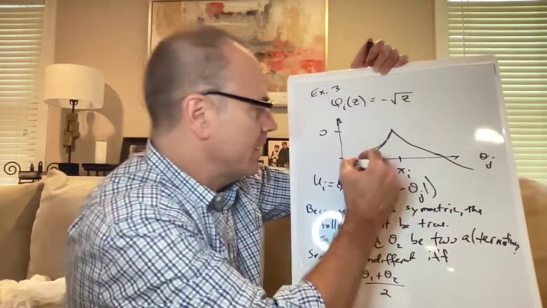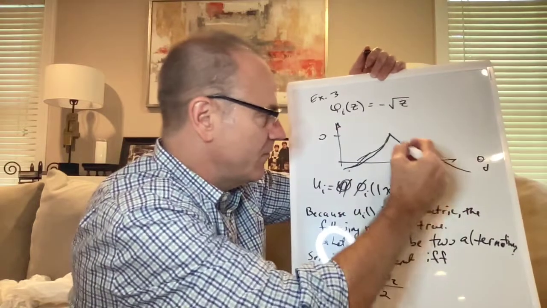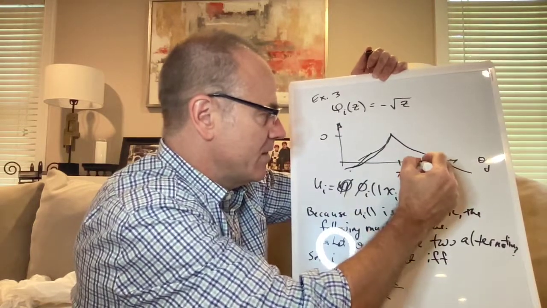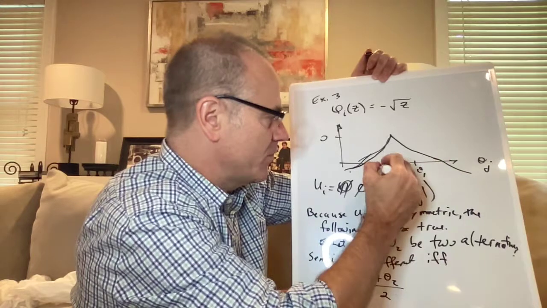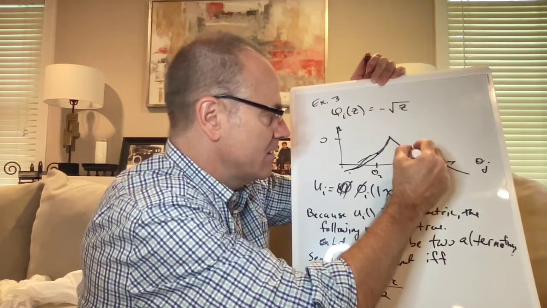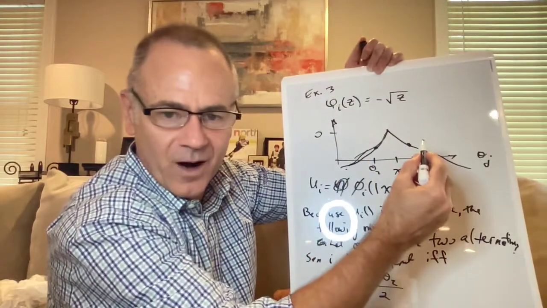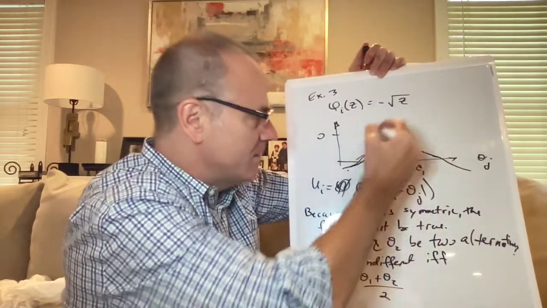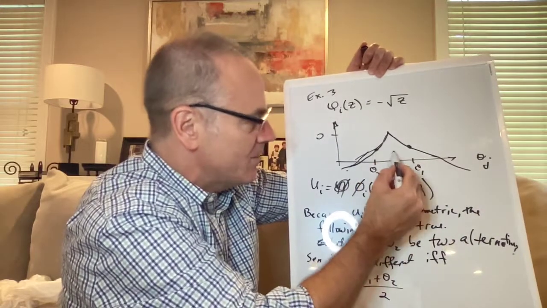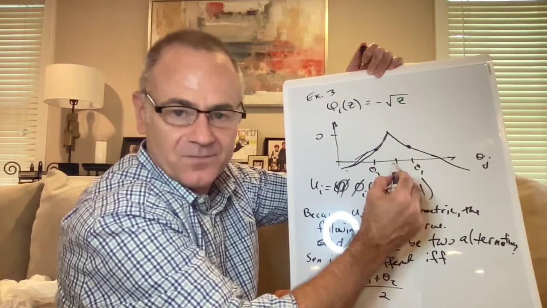Okay, the idea is that if that's xi, that utility function is symmetric. If he's indifferent between theta 1 and theta 2, the heights must be the same. Okay, that's what indifference would require. But if that utility function is symmetric, it means they have to be the same distance away from xi.